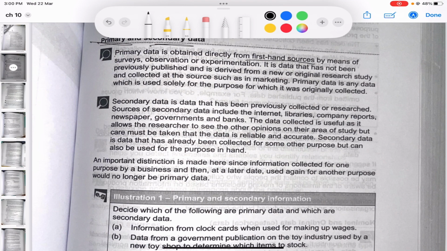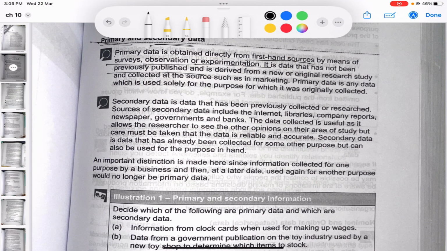So what are the examples of first-hand data? Surveys. When I take a survey from a person, if I take your interview, it is going to be first-hand information. Observation and experimentation. It is the data which hasn't been published previously. So when you talk about primary data, it is first-hand data. This information is coming into place for the first time ever.